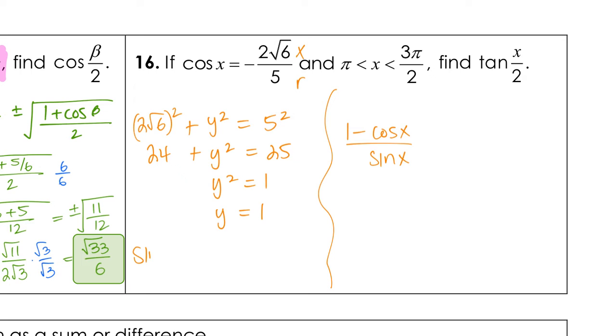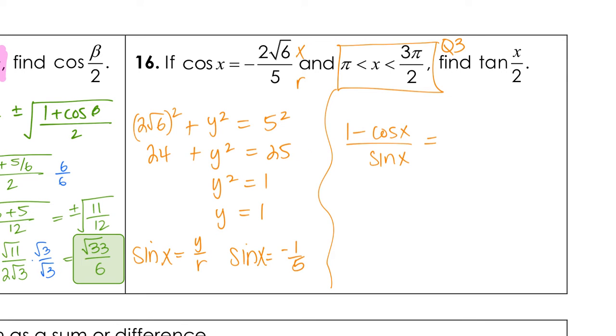So sine is always y over r. So sine is going to be 1/5. And in quadrant 3, sine is negative. I know we're in quadrant 3 because I'm just reading this part.